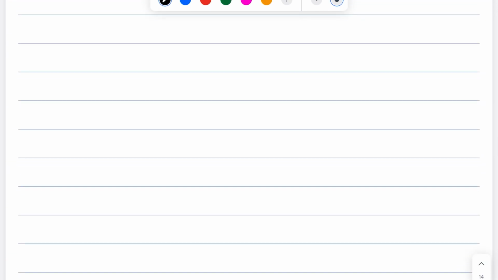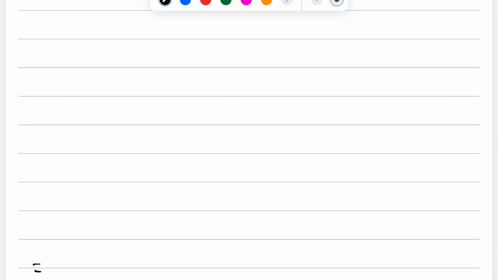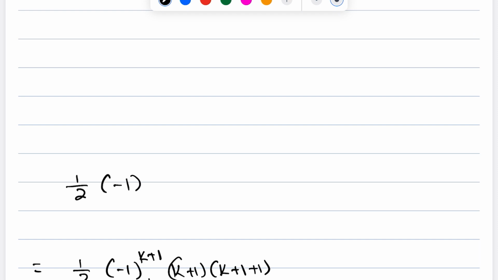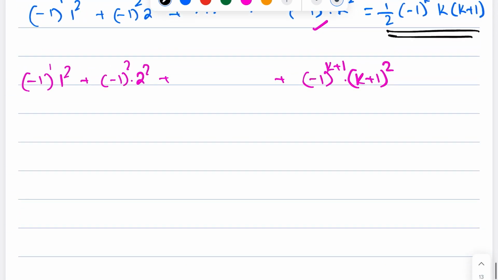My answer should be equal to 1 upon 2 times minus 1 whole to the power of k plus 1 times k plus 1 times k plus 1 plus 1. So what should be my answer as? I do bottom up approach again. Minus 1 whole to the power of k plus 1 times k plus 1 times k plus 2. This should be my answer.